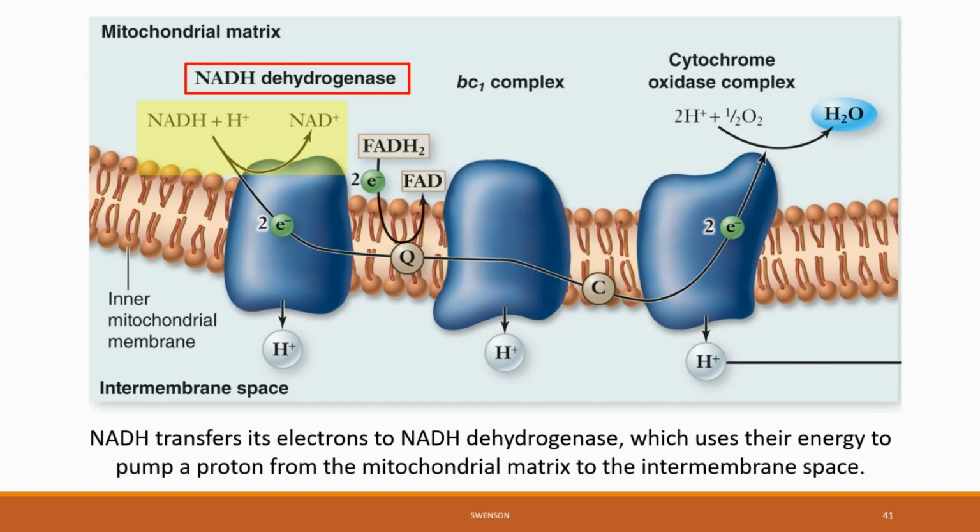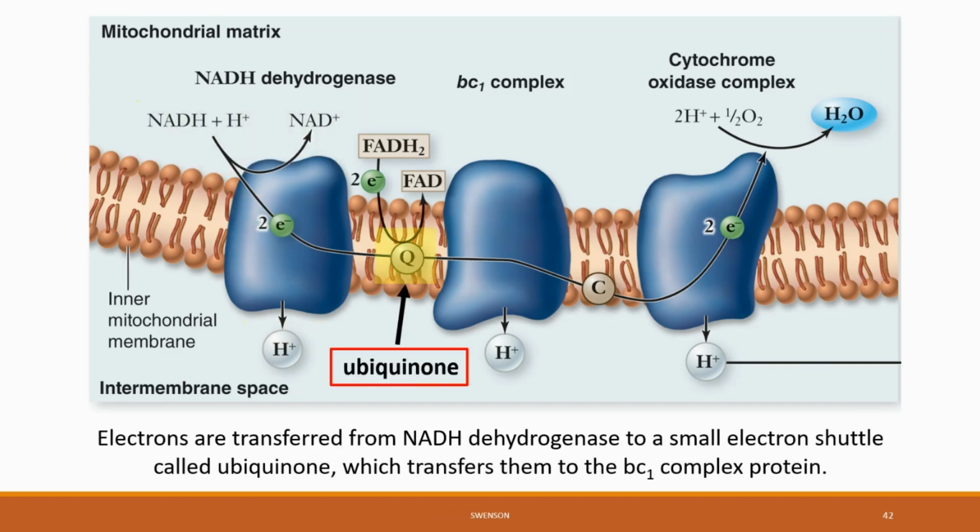There is a protein called NADH dehydrogenase, which takes the electrons from NADH and uses their energy to pump a proton from the mitochondrial matrix to the intermembrane space. So here we see a hydrogen proton exiting down the bottom. Those 2 electrons, we're not done with them yet.